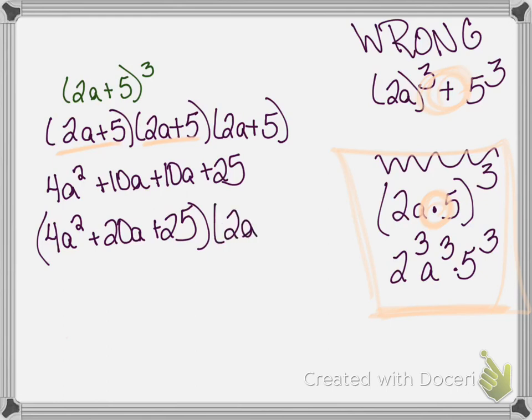Okay? Now, I've got to use the distributive property to multiply this 4a squared times both of these, 20a times both of these, and 25 times both of these. Okay?